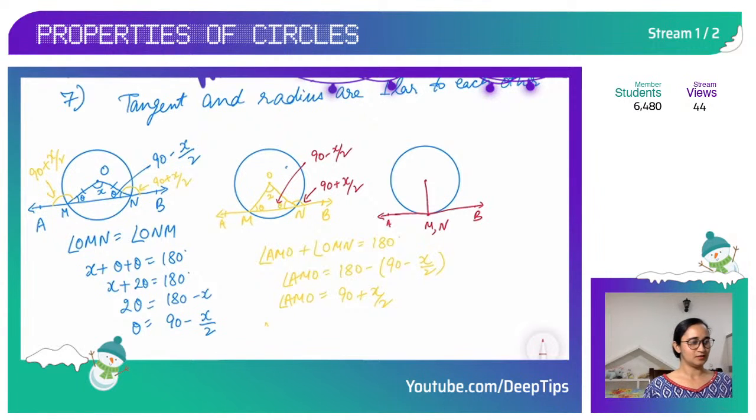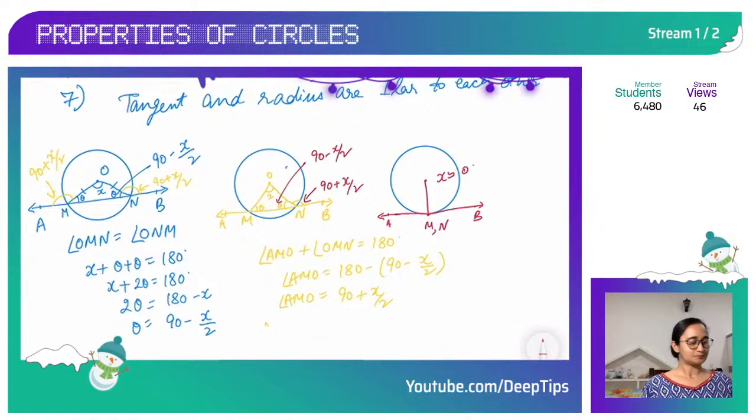Yes, children? So here, in the first diagram X was obtuse. Okay? In the second diagram X was acute. But in the third diagram, as we brought the secant down and down and down, and then it became a tangent, eventually when it touches the circle, at that point my X is 0, approximately 0. Correct?